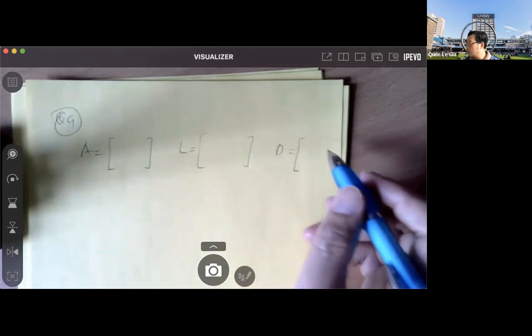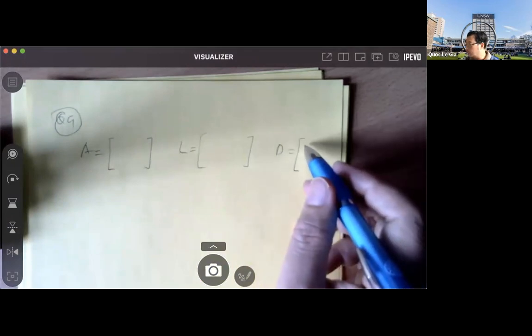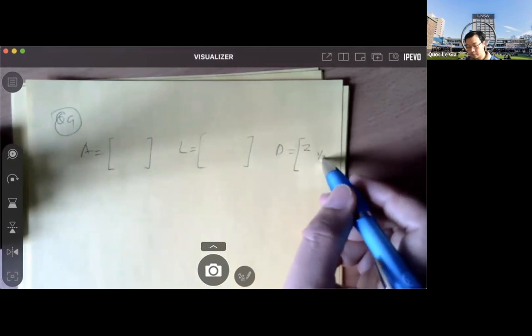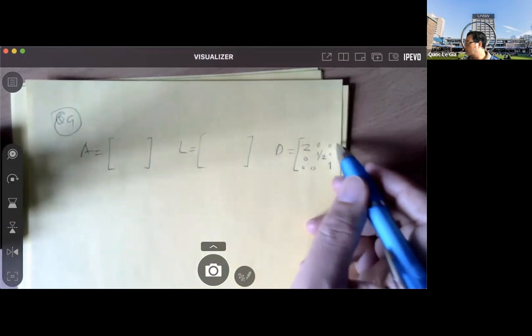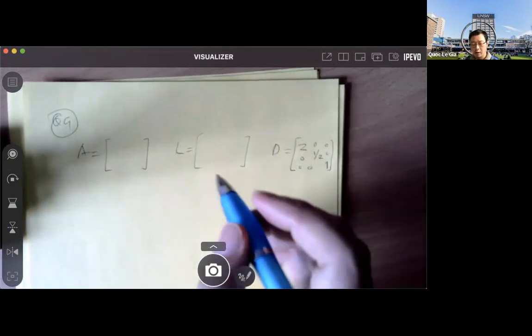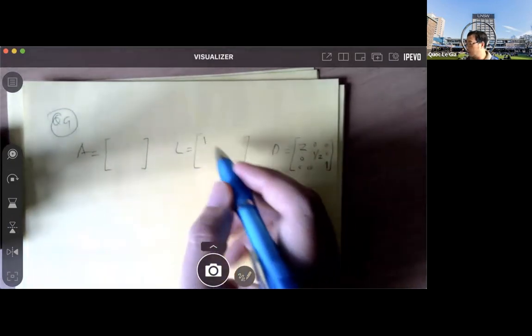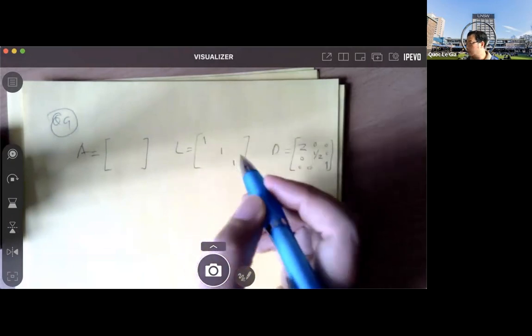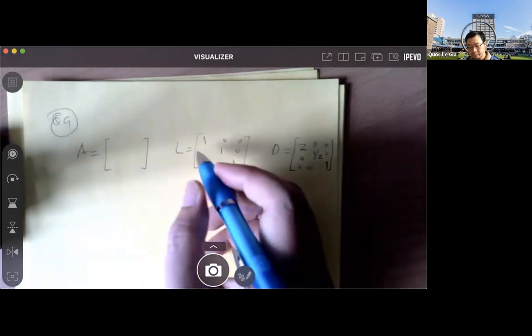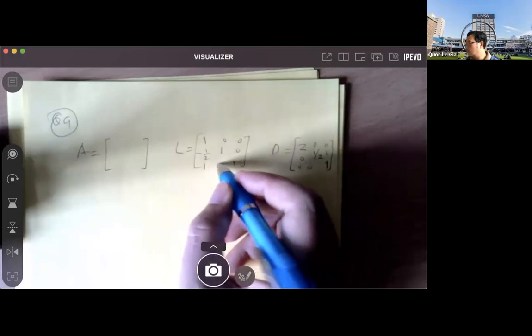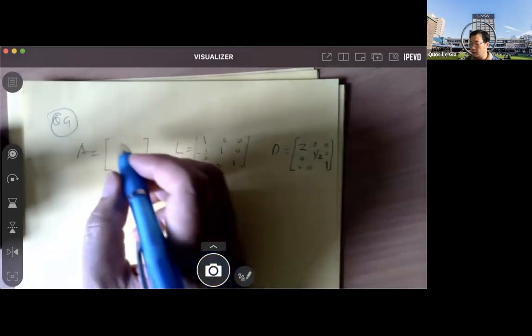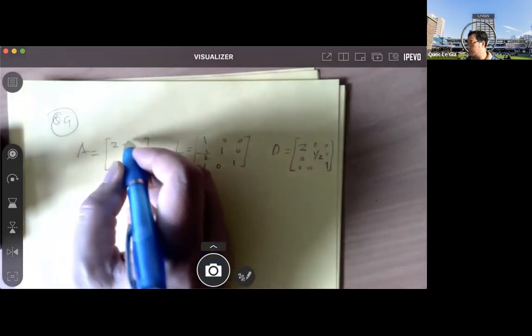Well, D is just a diagonal matrix. Yeah. And L is a lower triangular matrix. Okay, and A is a full 3 by 3 matrix.